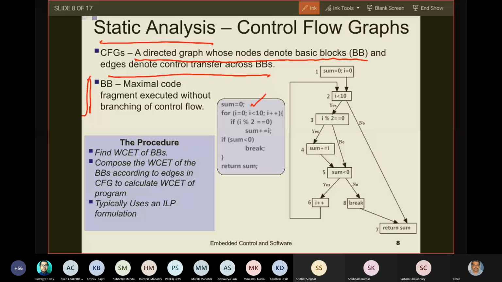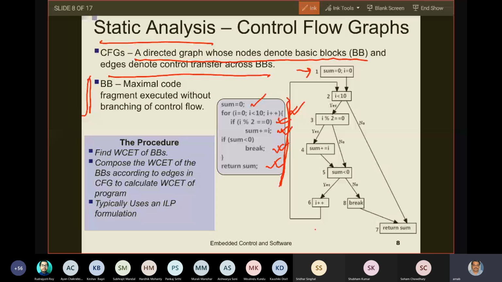The condition per se is not part of the first block, but that condition starts a new basic block. Why? Because that condition is also the target of a branch. If you see this control flow graph here, from basic block number 6, you come back to basic block number 2, which means this condition is the target of a branch.